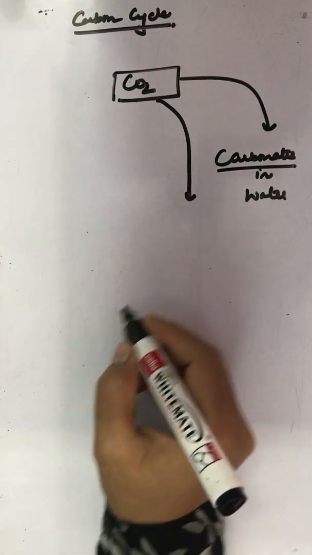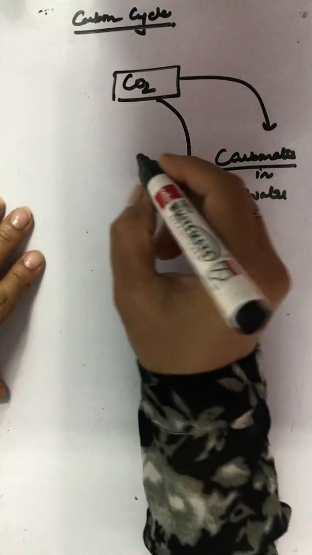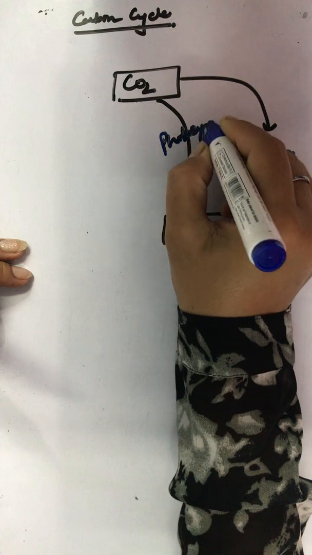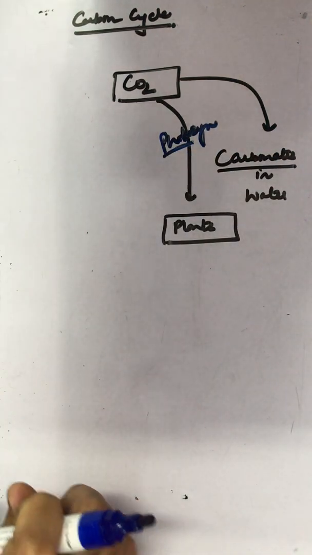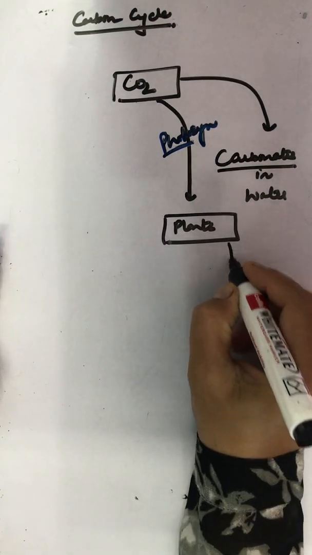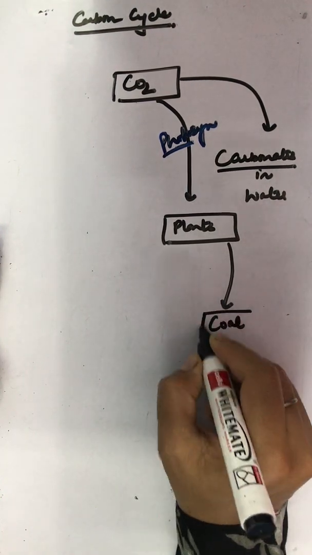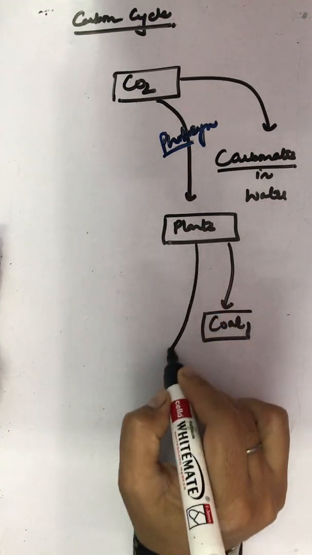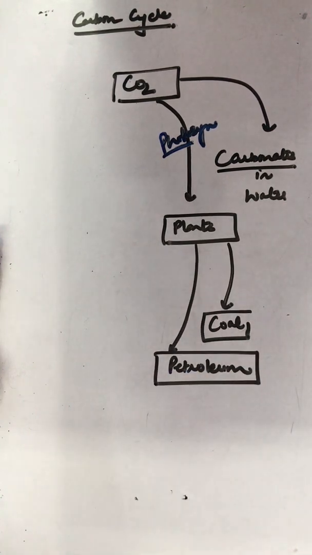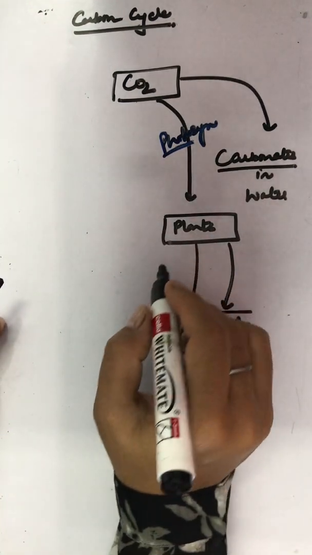Secondly, it is taken up by plants, and we know when plants fix carbon dioxide, this process is known as photosynthesis. And this photosynthesis process will ultimately lead to, after death and decay, coal. Then it can become petroleum by the action of organisms under the earth millions of years ago. These fossil fuels are being formed.